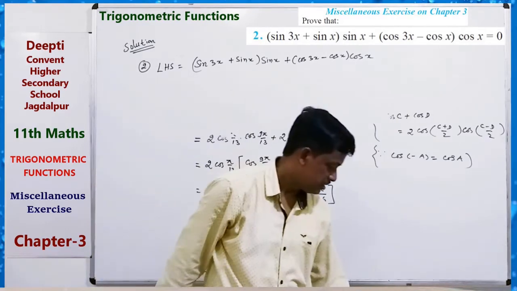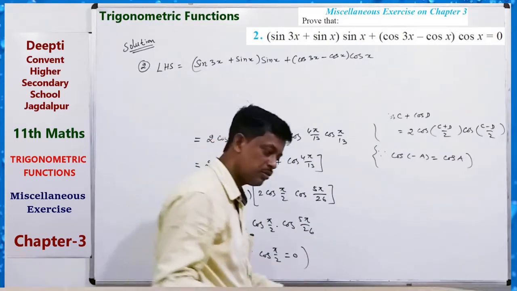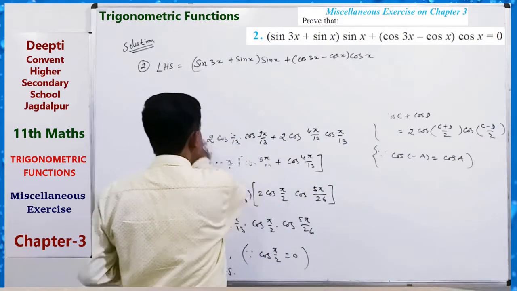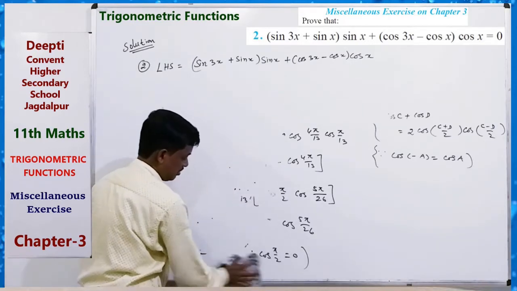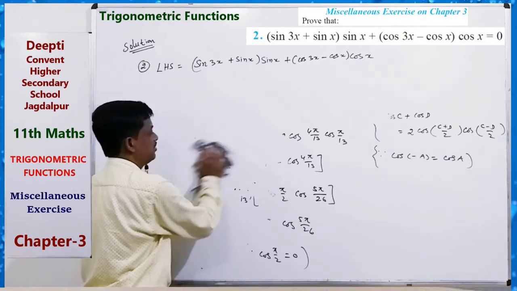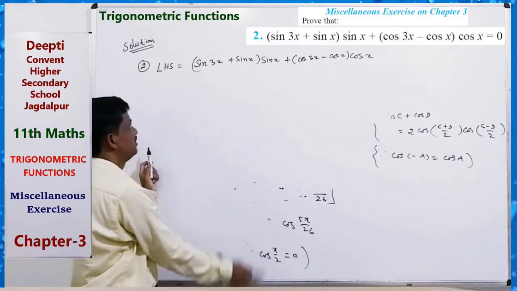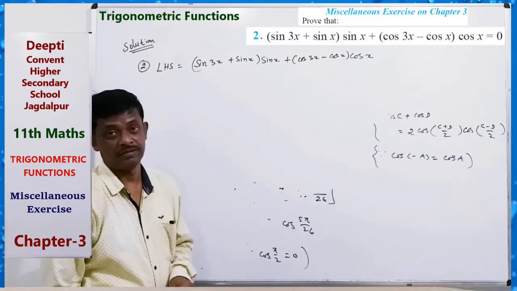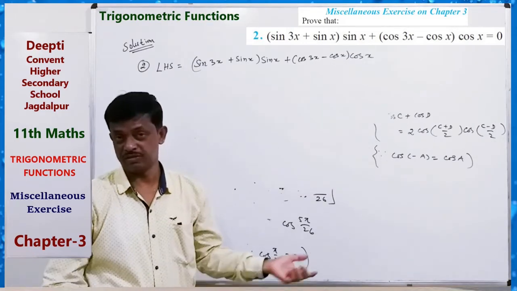Okay, here we have to show the right hand side as 0. So in this question, our thinking is, for getting 0, we see sin C plus sin D, cos C minus cos D, we can use the formula.